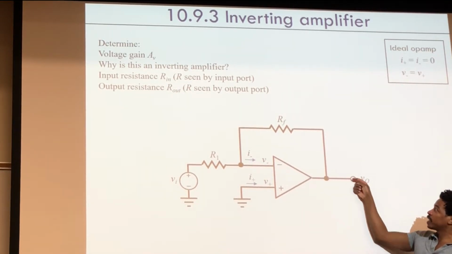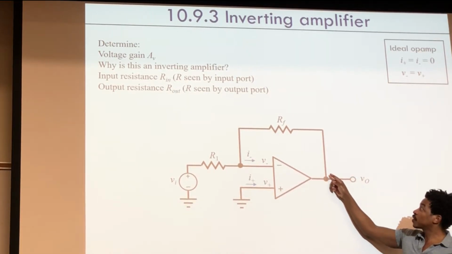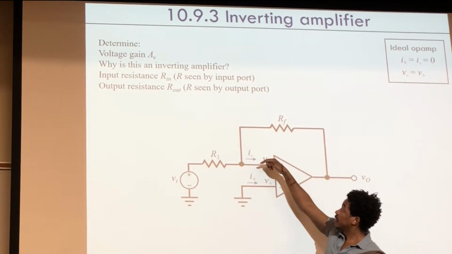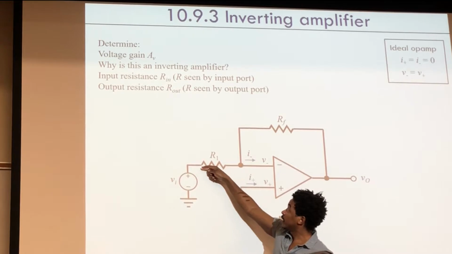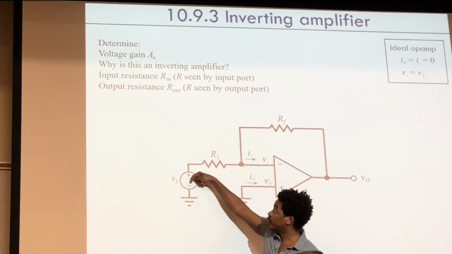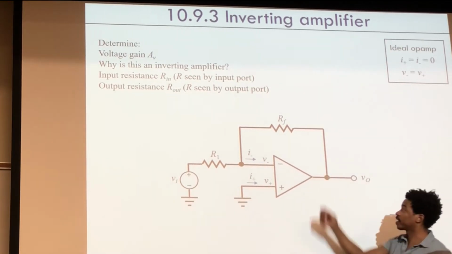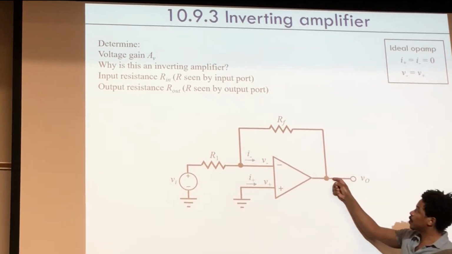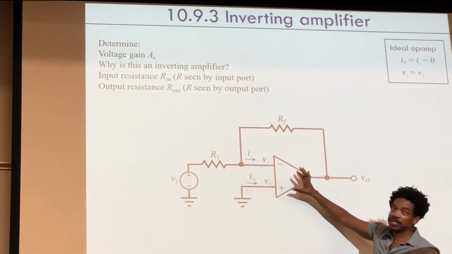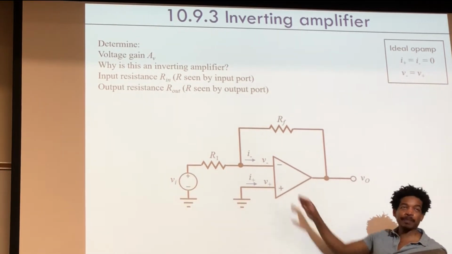Your current going in here, some of it's going to go through RF, through R1, and then downhill through that voltage source, because you're forcing current through there. But also, some current's going to go into that op amp. And remember, this model of the op amp is ideal.